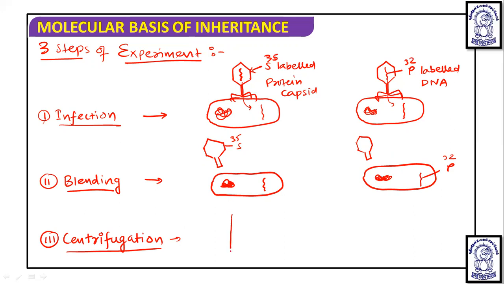And when centrifugation is done in the test tube, it is known that the cells will settle down in this part, and the protein coat remains in the upper part. So after centrifugation, here you will see the cells and here you will see the supernatant.